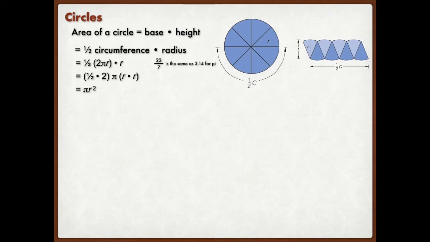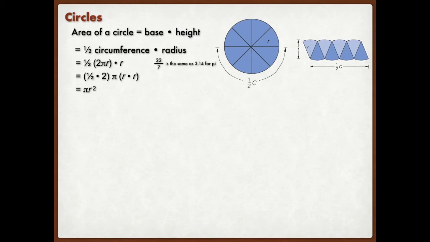Well, if we're left with pi times radius times radius, that basically is pi radius squared, because a number multiplying by the same number, like 4 times 4 is 16, I can just do 4 squared. So the overall basic equation of the area of a circle is pi times radius squared.